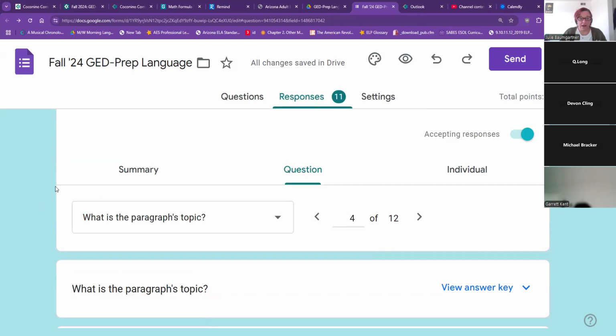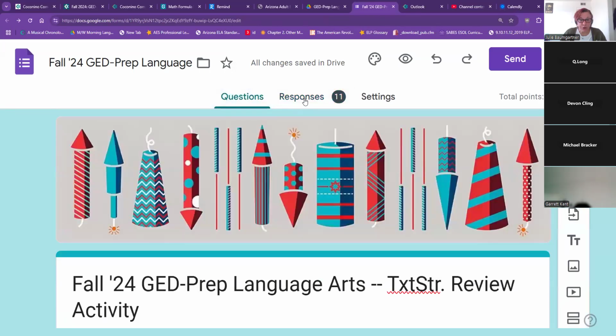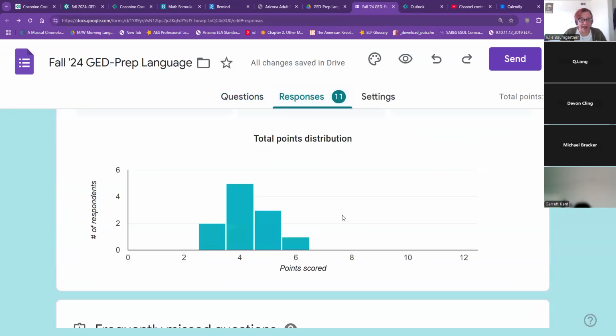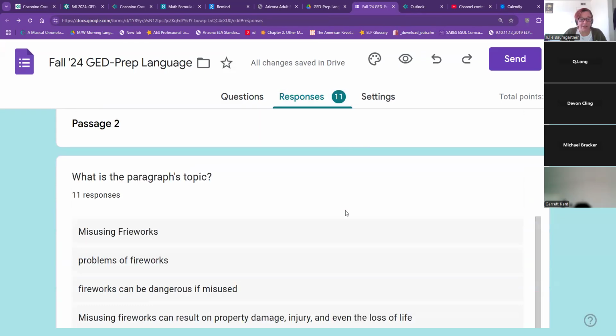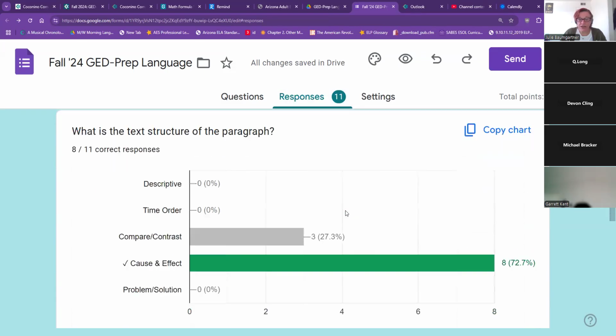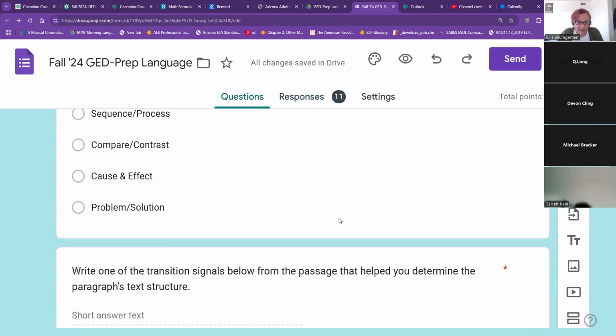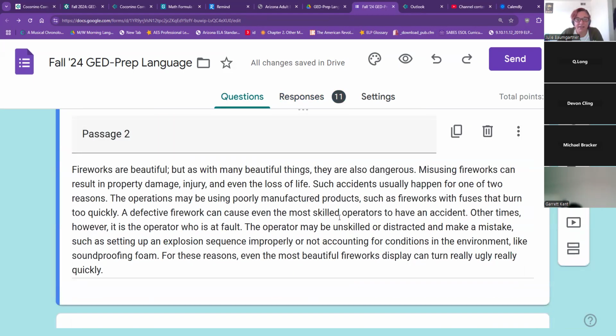All right. So good job on the topic of passage 2. When we look at the structure of the text for passage 2, it looks like the majority of you were spot on. It is a cause and effect passage. It does look a little compare and contrasty at the beginning, as does the third passage.